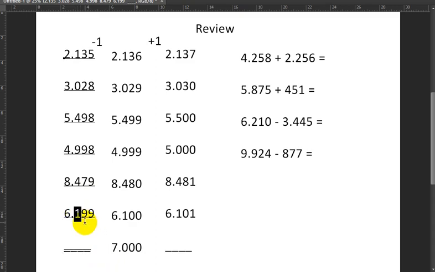But now I can do that. 1 less than 1 is 0. So now it stops. So the previous number from 6,100 is 6,099. And if you want to, you don't really need to write the ones that you're carrying over, that you're borrowing or anything like that. If you can keep them in your mind, that's perfectly fine.